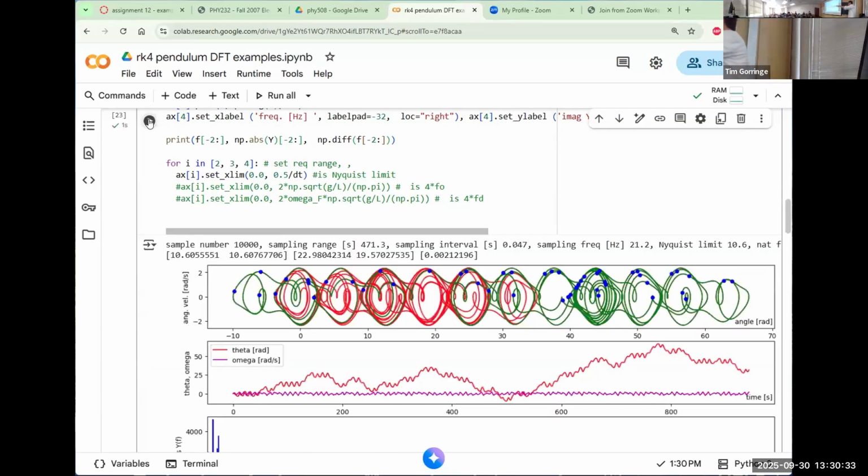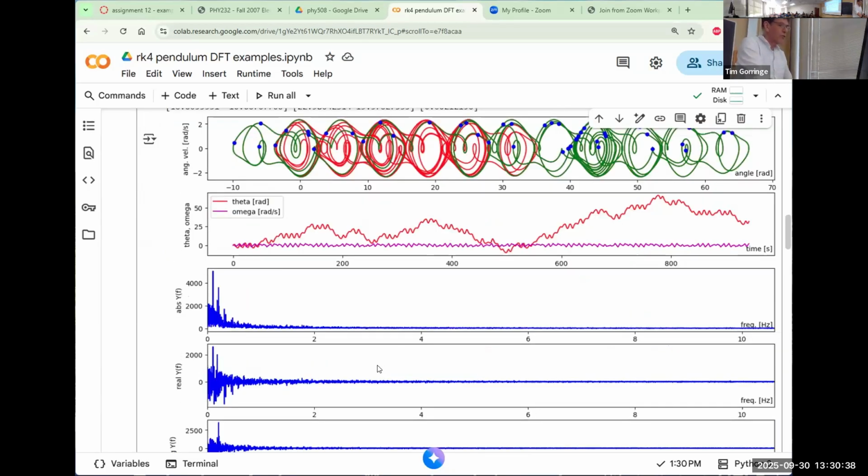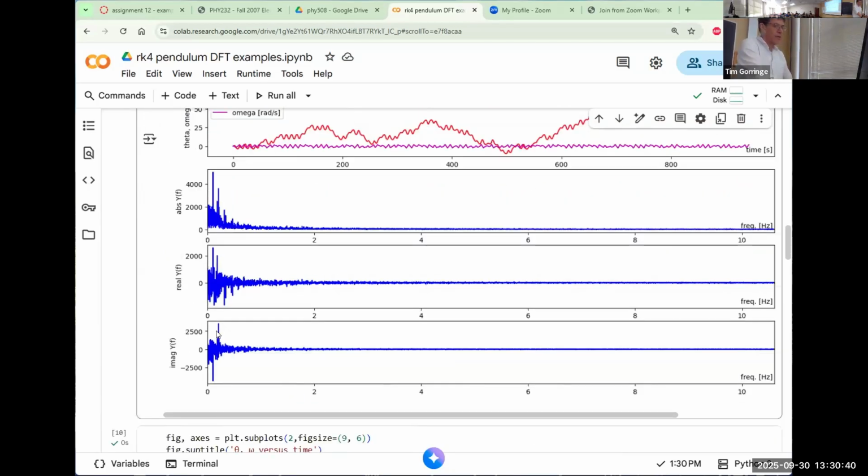So this is from 0 to the Nyquist limit, to a much higher frequency. The natural frequency and driving frequencies are way down here on the far left. You see that in chaotic motion you've got a noisy frequency spectrum across the entire frequency range.